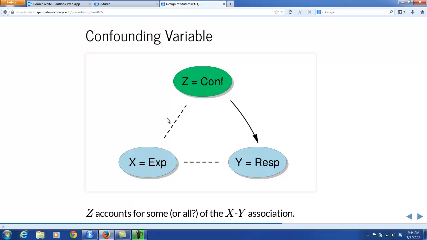If x did cause z, then since z causes y, x would indirectly cause y. And what we're looking for is situations where the presence of this third variable makes it impossible for us to say whether x does any causing at all. And so that's why the x does not cause z is part of our notion of z being a confounding variable.